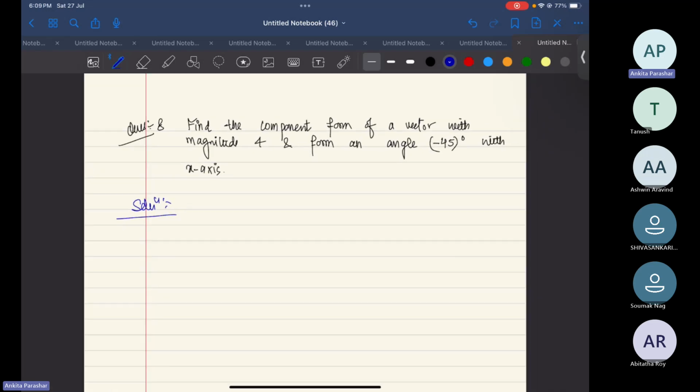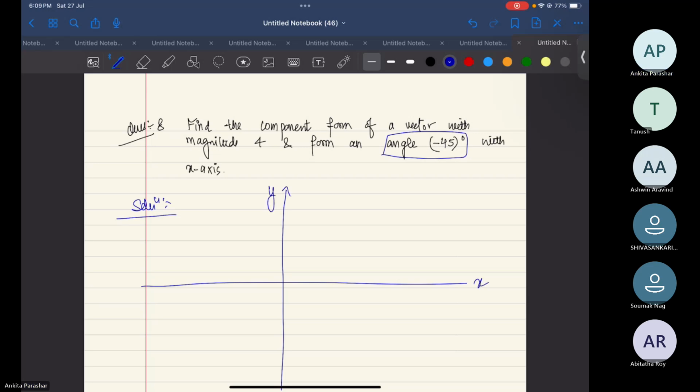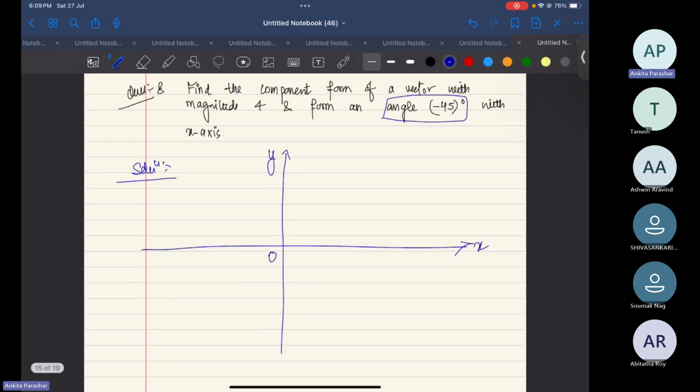We want first of all an angle of minus 45 degrees. So let's draw this. Where is a minus 45 degree angle with the x-axis? In the fourth quadrant. You have to go 45 degrees down.